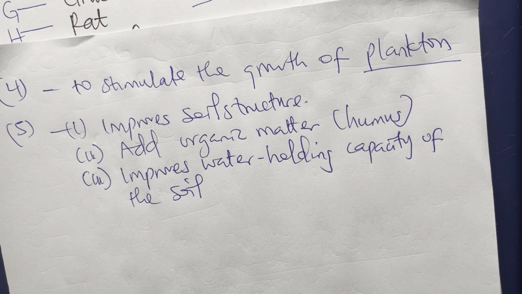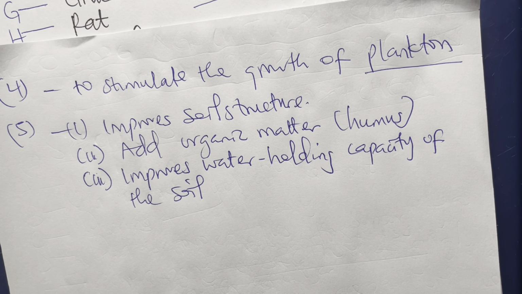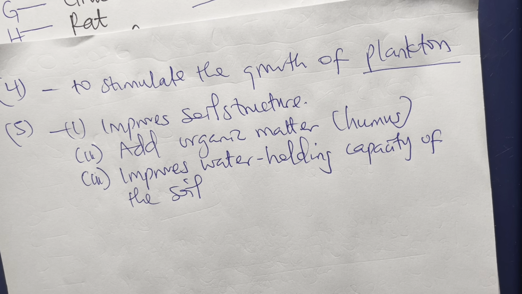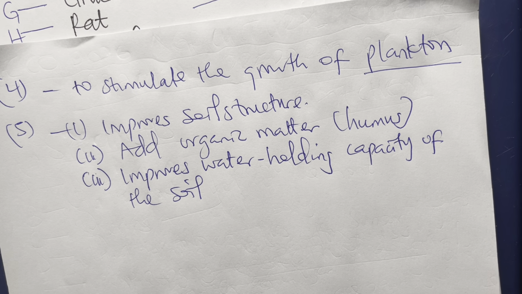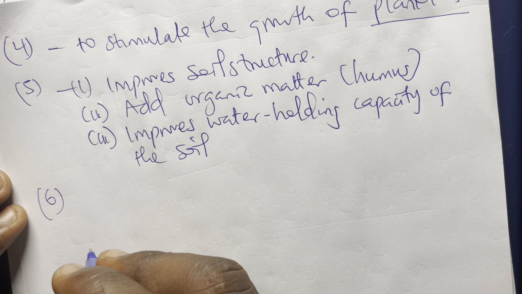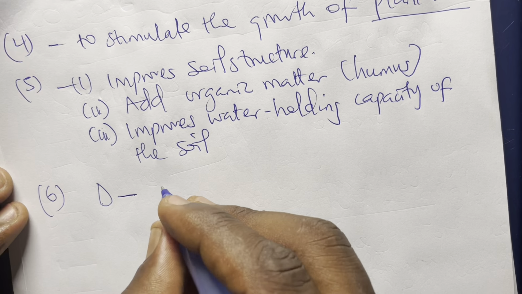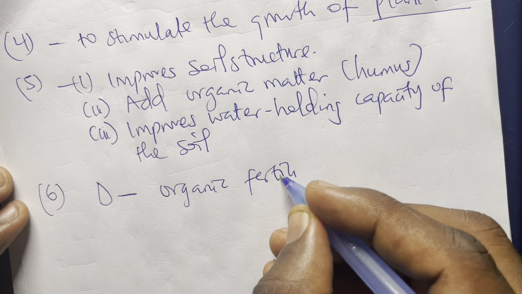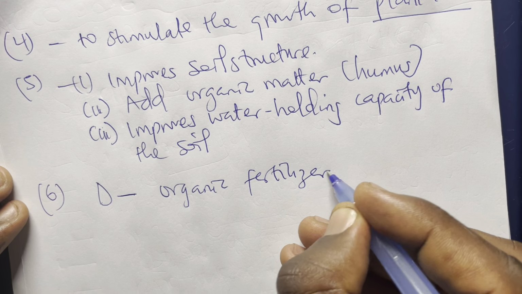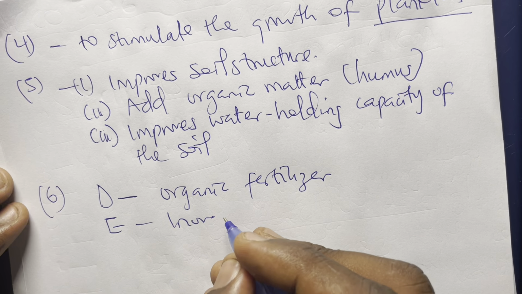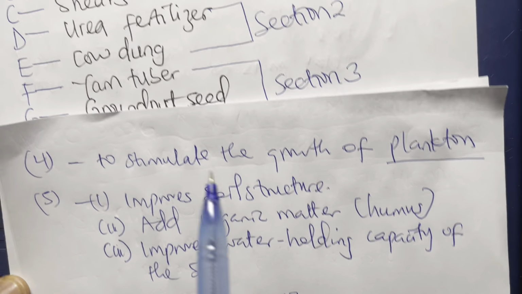Now, what other thing can they ask you based on this classification? They can ask you to classify specimen D and E based on their sources. Let me give that number 6. Sorry, there's a mistake here.